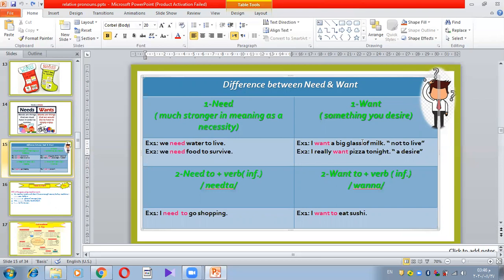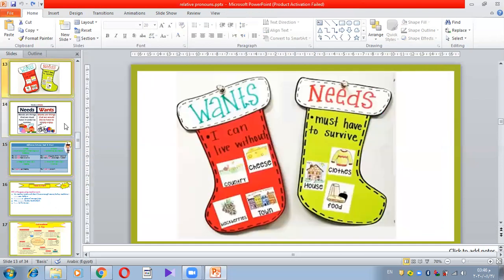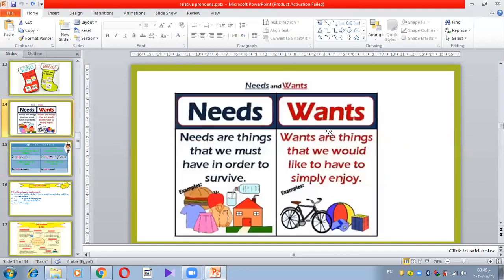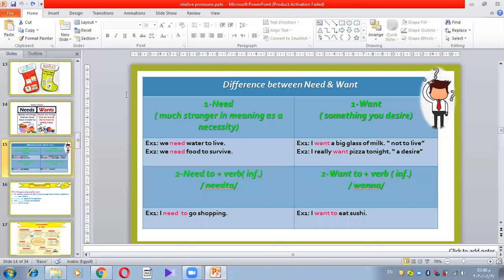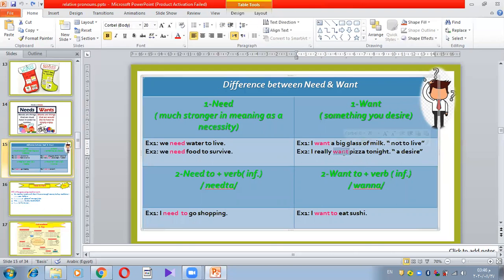We don't need it to live, but we want to drink it as a kind of, do you remember? As a kind of enjoying or feeling happier. I really want pizza tonight. I can't say I really need, because need means you are going to die if you don't take it. It's a necessity or something that is really important. I really want pizza tonight. So it's a desire.